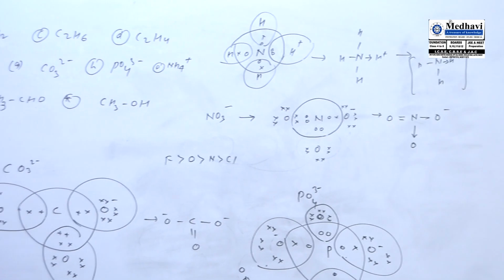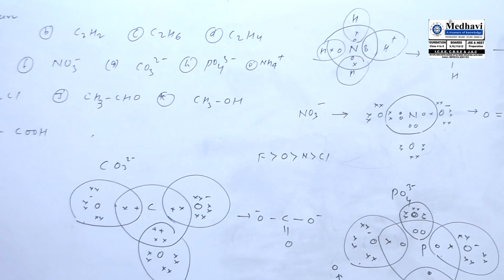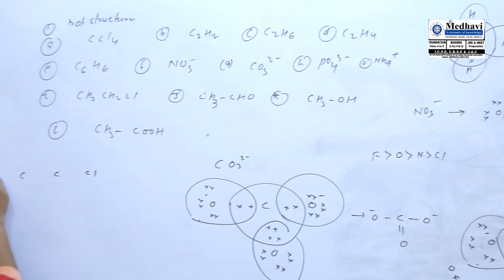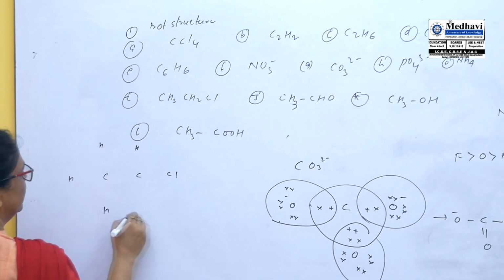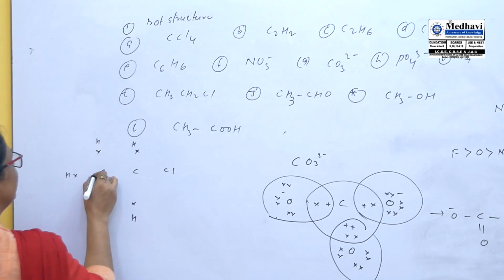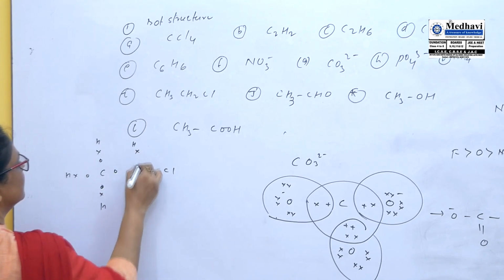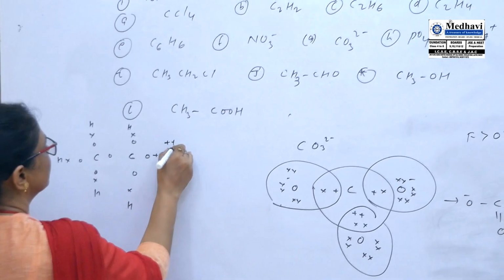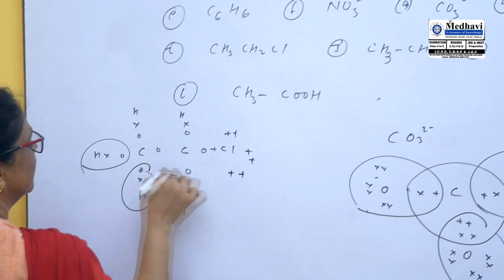Next, this organic compound chloroethane. This is chloroethane. So 2 carbon. First carbon has 3 hydrogen. Second carbon has 2 hydrogen. First we will fill electron of hydrogen. Then we will fill electron of carbon. Then we fill electron of chlorine. This way.